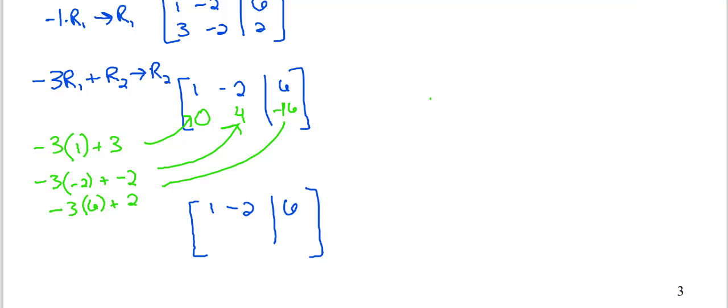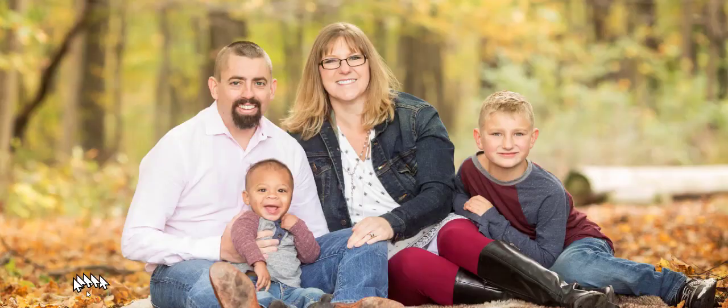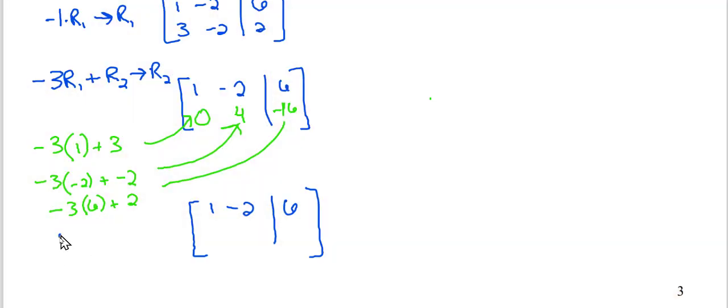The way I get my 1 is I multiply that equation, or that row, row 2, by the reciprocal of what's in that spot. 1/4 of row 2, because that's the reciprocal of 4.